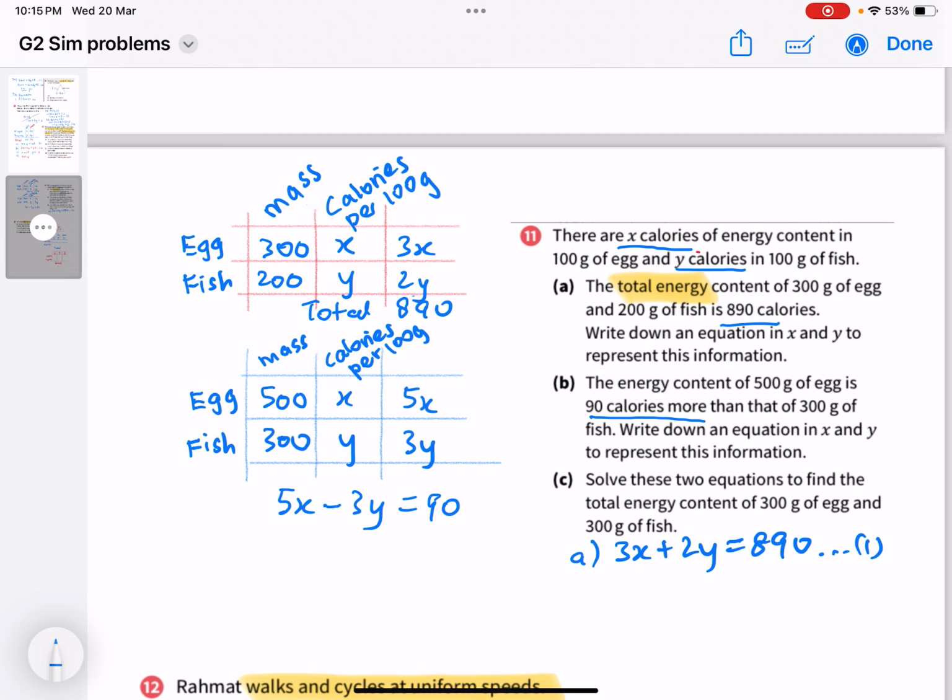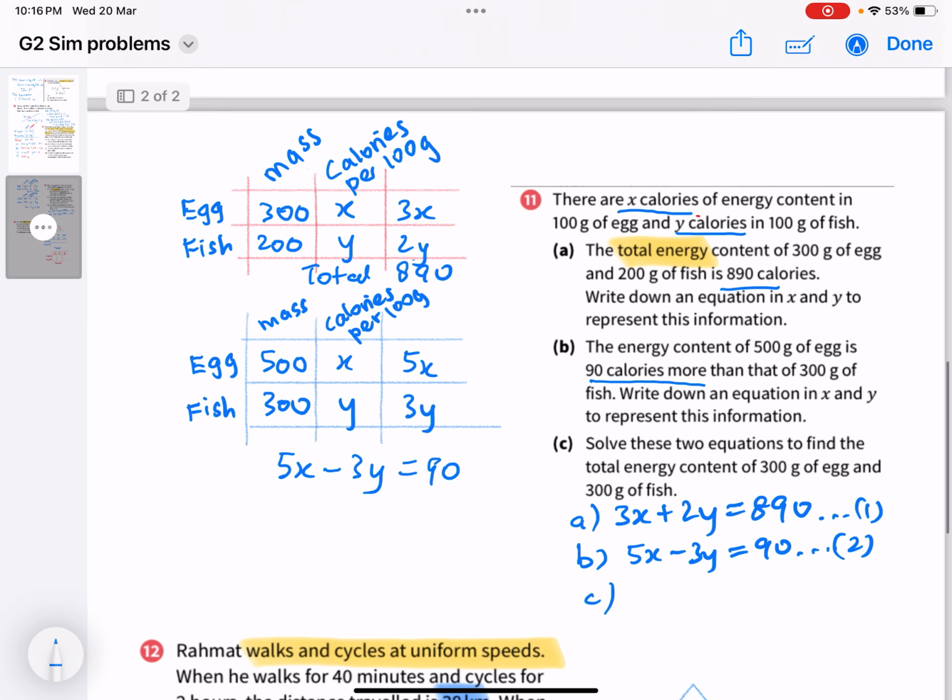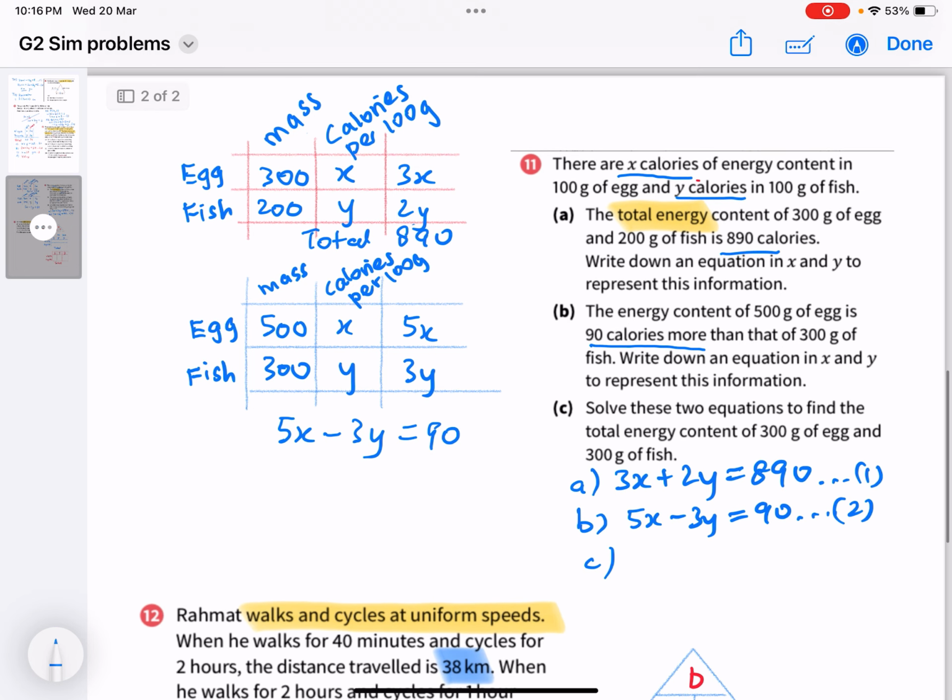The difference between the eggs and the fish is 90 calories. That is what the second part is about. So the equation is 5x minus 3y equals 90. So now you can solve the equation in the third part and find out what is x and y.